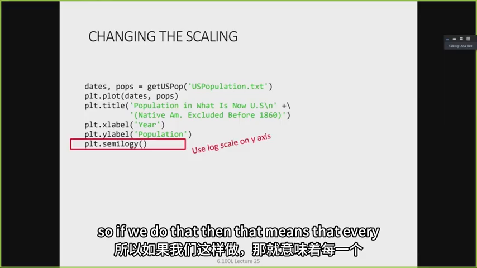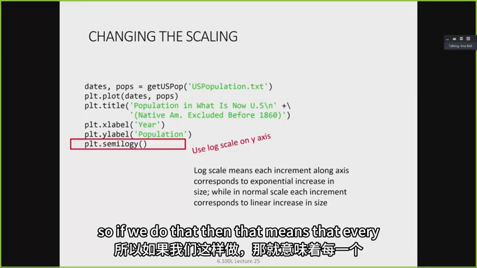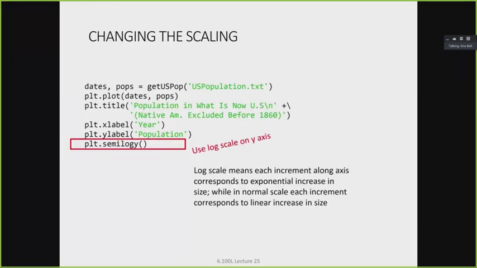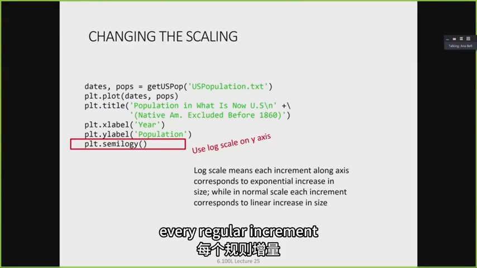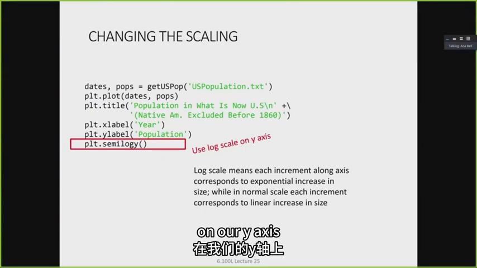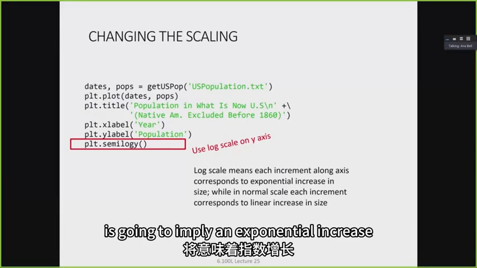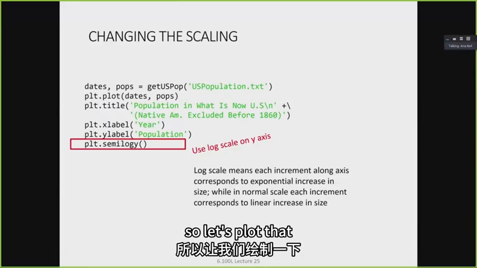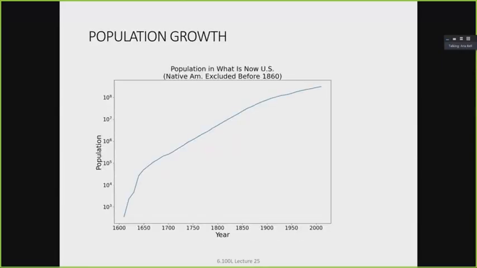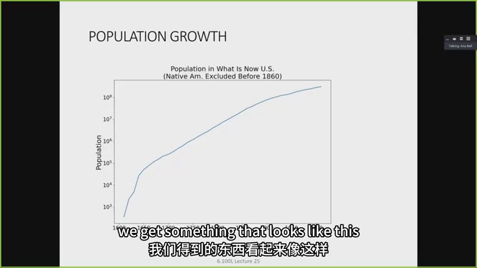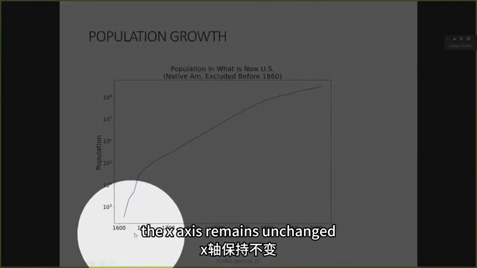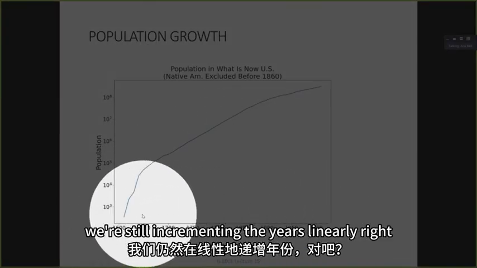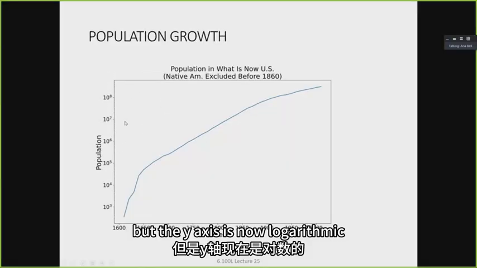So if we do that, then every regular increment on our y-axis is going to imply an exponential increase in the population. Okay, so let's plot that. And if we plot that, we get something that looks like this. The x-axis remains unchanged. We're still incrementing the years linearly. But the y-axis is now logarithmic.